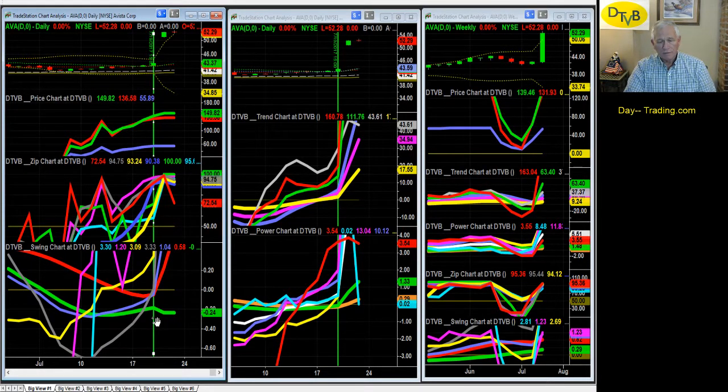If you've possibly heard other videos of me talking about the swing gray line, it's our deep cycle indicator, but it really makes strong movements when it crosses over 0 or crosses under 0. In this case, on the green vertical line day, swing gray is 0.01. So it's just made it over the 0 line, and then next day you get the gap.